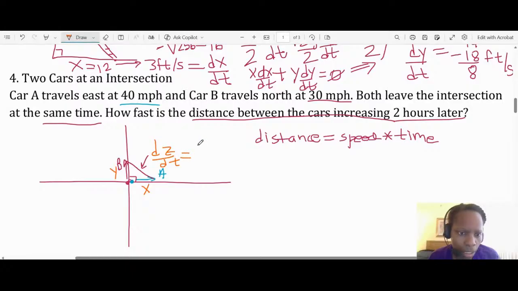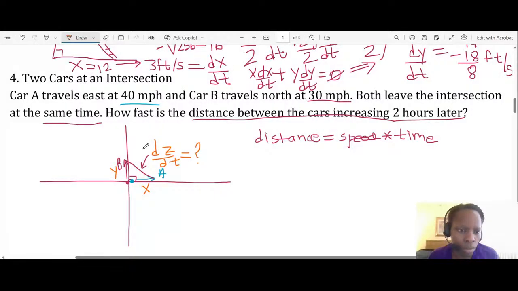I drew an arrow there, but I need to move this unknown over. Yes, that is what we're trying to find: how much is changing. I apologize. That's Z, and we want to find dZ/dt.